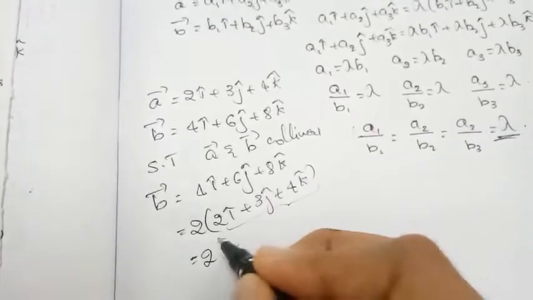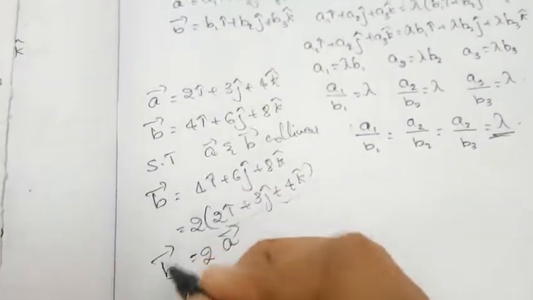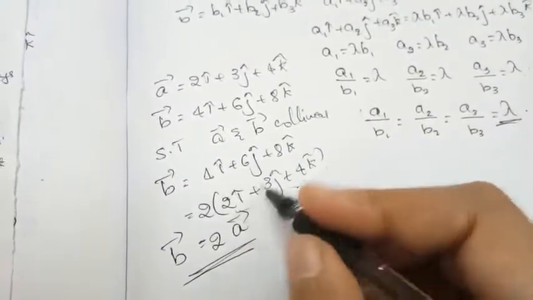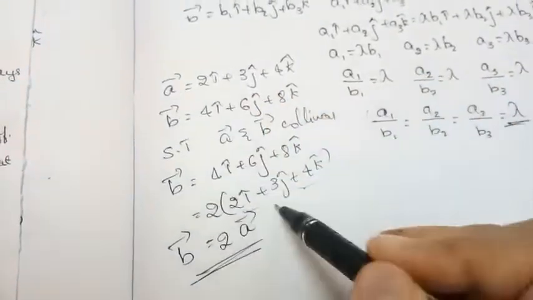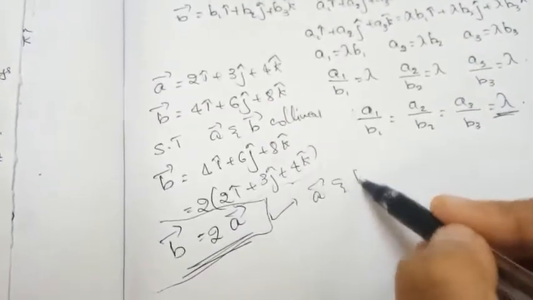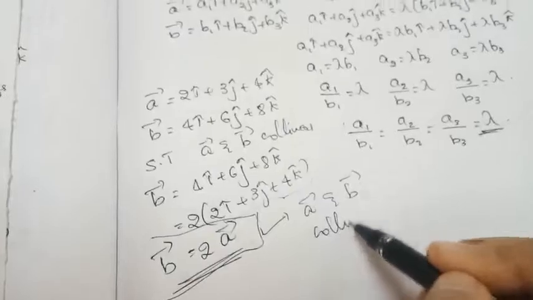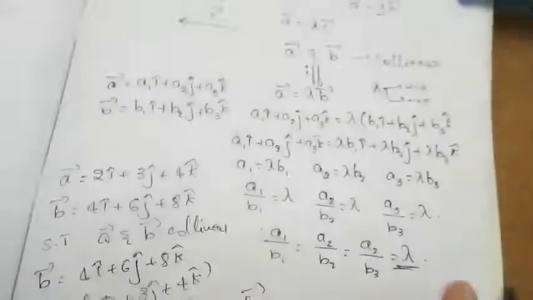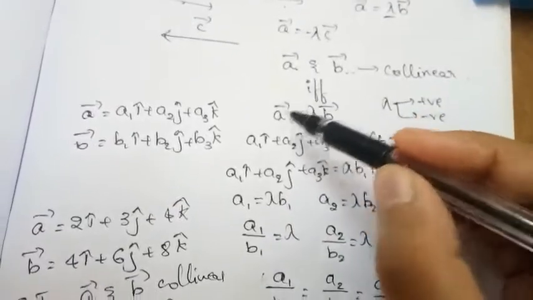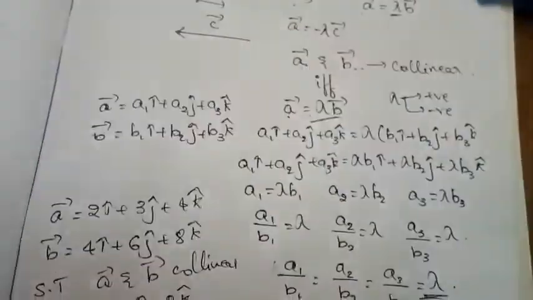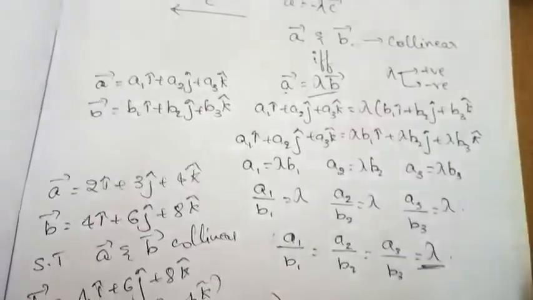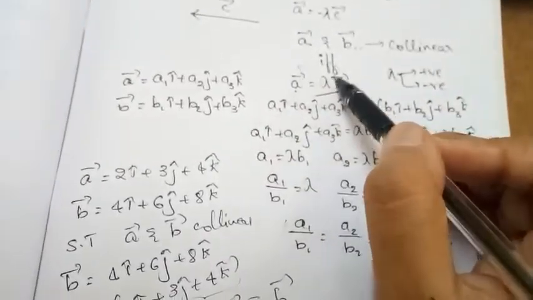It is nothing but vector A. So here I expressed vector B as some scalar times vector A. By expressing these two vectors in this form, I can say that vector A and vector B are collinear. Because the condition for collinearity is that itself: two vectors are said to be collinear if and only if vector A is some lambda times vector B. If I express any vector as some lambda times another vector, then these two vectors are said to be collinear.